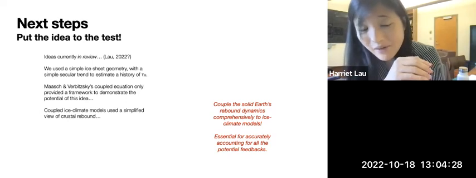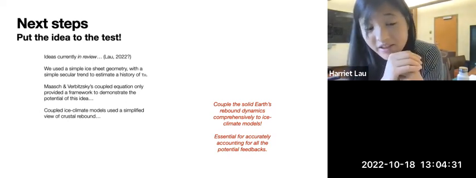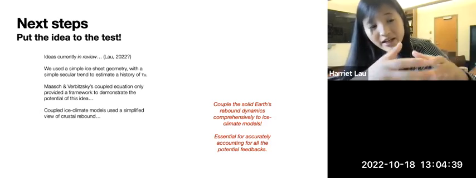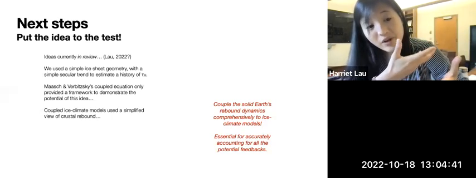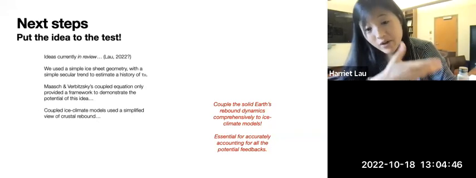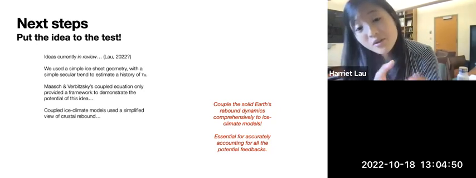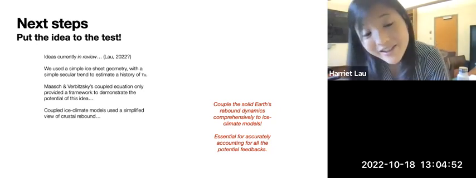I don't think people know very well. I cited a paper here, and I'm happy to send it to you afterwards if you're interested. Not only was it the regolith removal, as you grow an ice sheet, I mentioned there's a theory where that ice sheet starts changing its base through eroding the regolith, but what they also model paired with that is the CO2 changes because of that erosion.